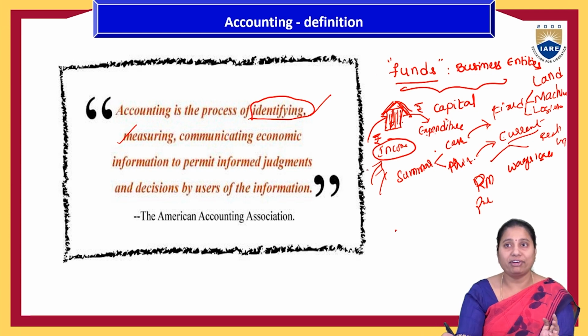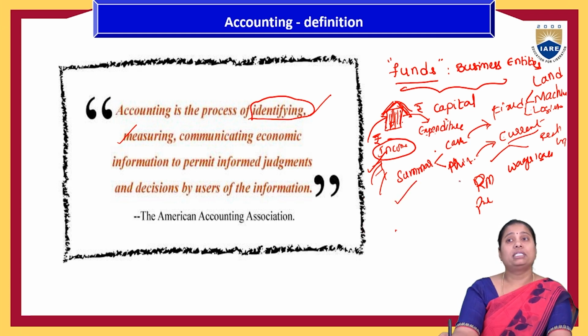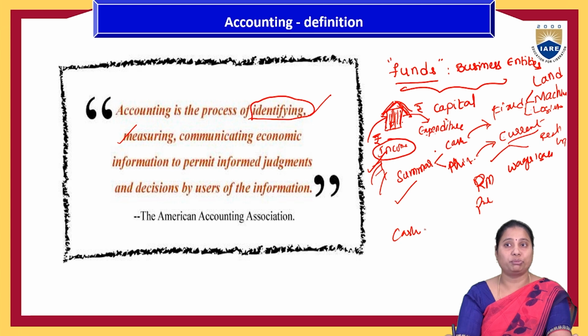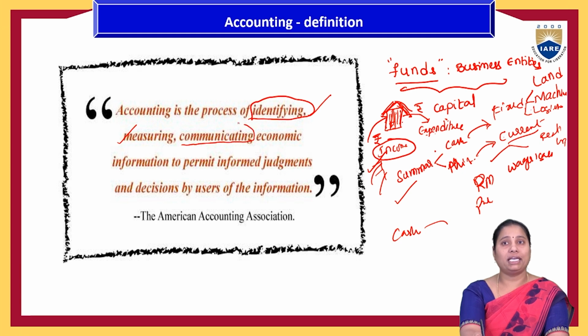First they will identify the requirement of the funds, and then they measure those funds. Now they summarize and interpret that. So this is the cash reserves, this is the expenditures. Like this, they summarize it and communicate that particular information to the users.